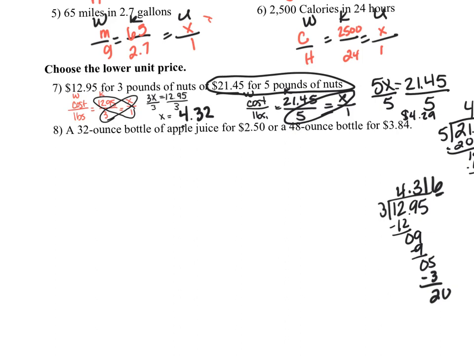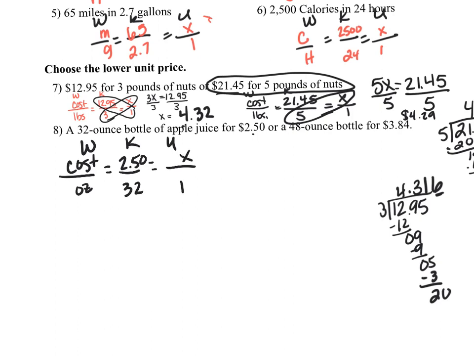And then our last one, you're going to solve it, but I'm going to set it up for you. I'm going to say words, known, unknown. So my words would be cost over ounce. My known, we're comparing 2 different bottles. We're doing $2.50 for a 32-ounce bottle.